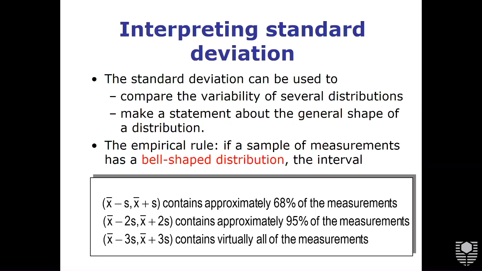X bar minus 2S, because the area will be 95%. So in here, we're going to have a little bit more spread because it represents 95%.